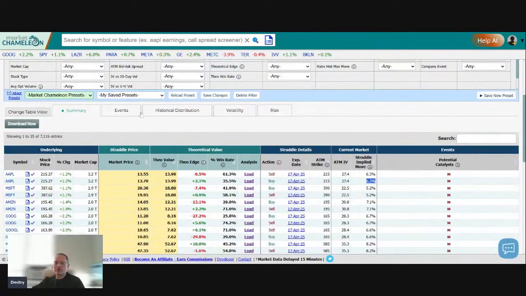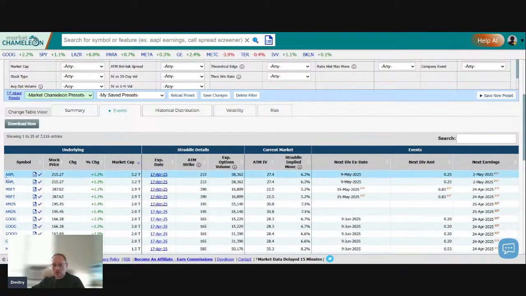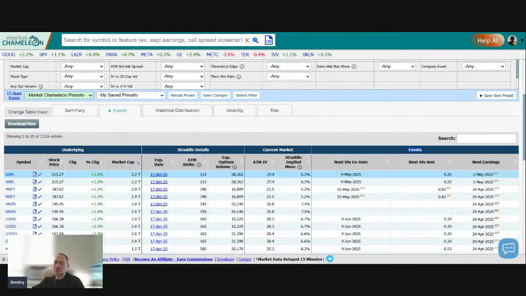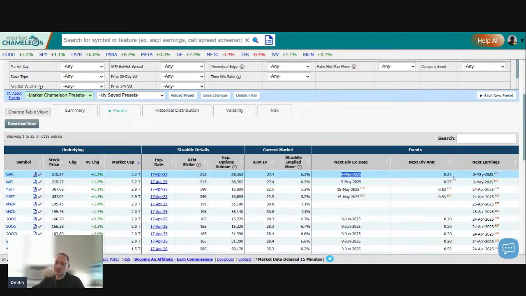Now, if we look at these tabs, let's just go through the tabs really quickly on the events. The events here show you the same symbol, and some of the important events are dividends. So you could see here May 9th. This one already, this is a dividend, but this will be after April.